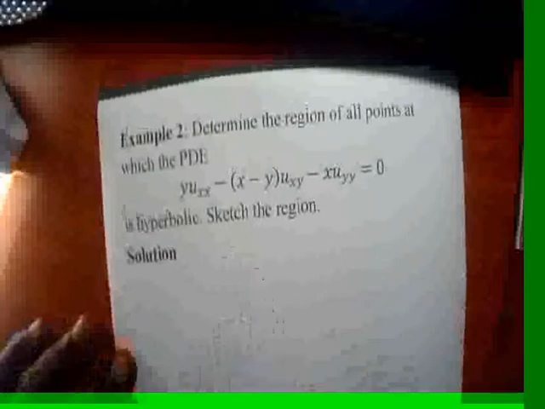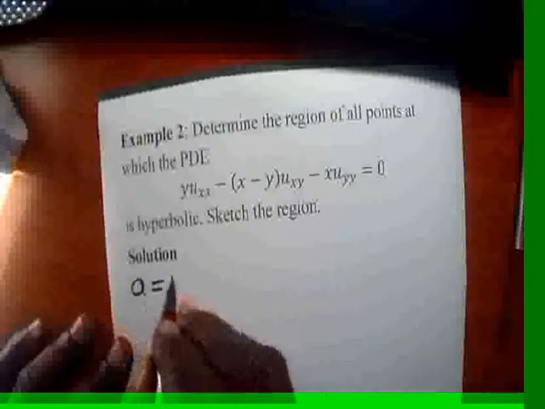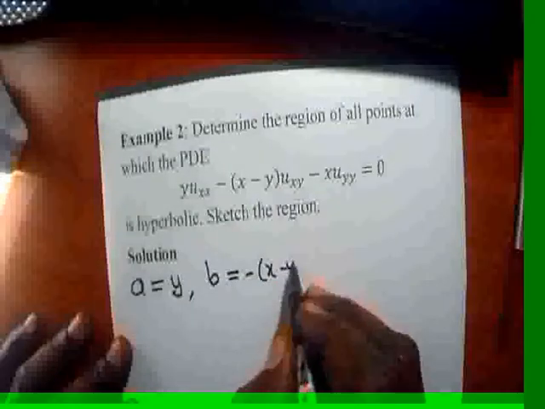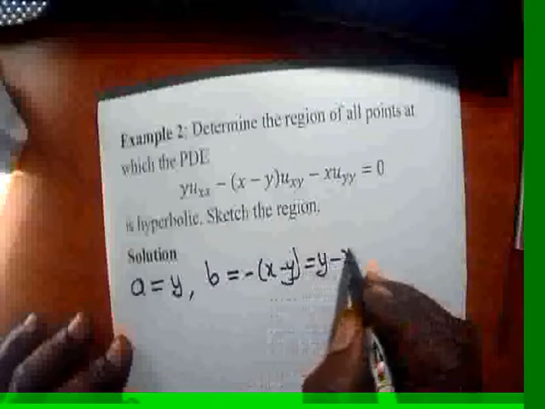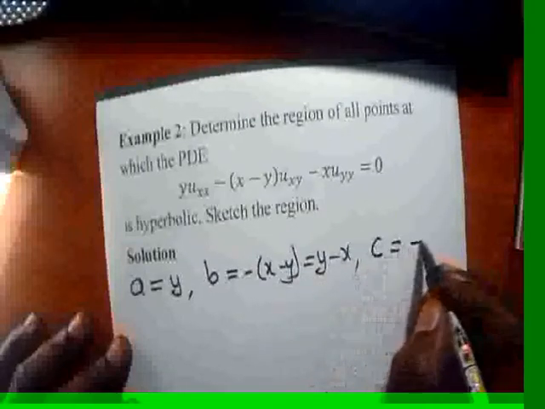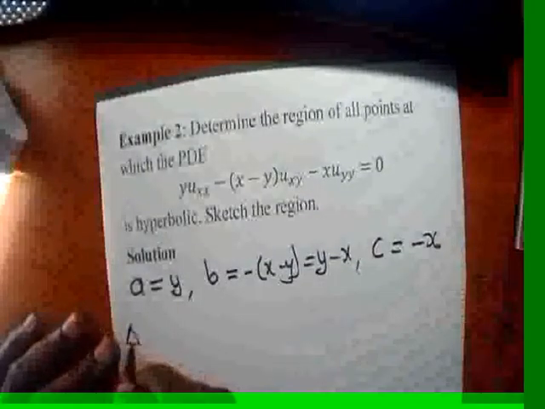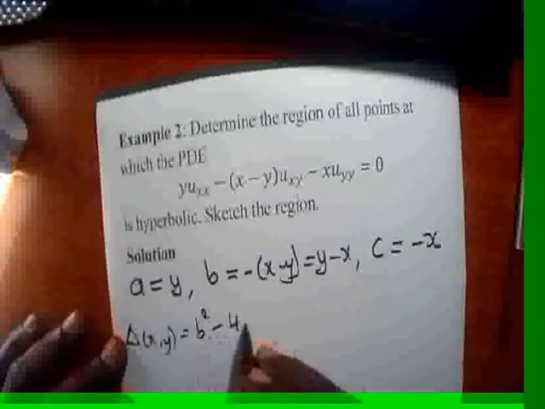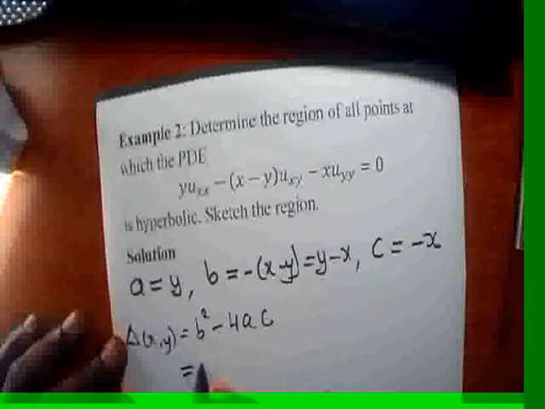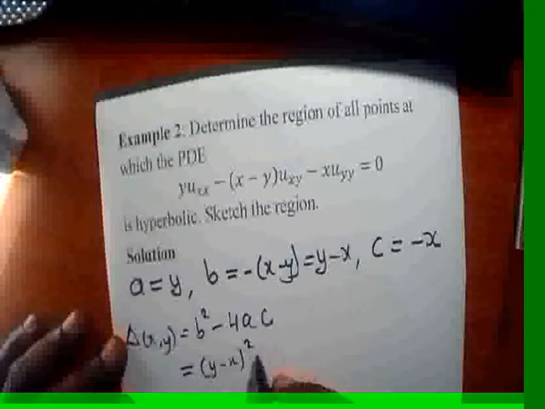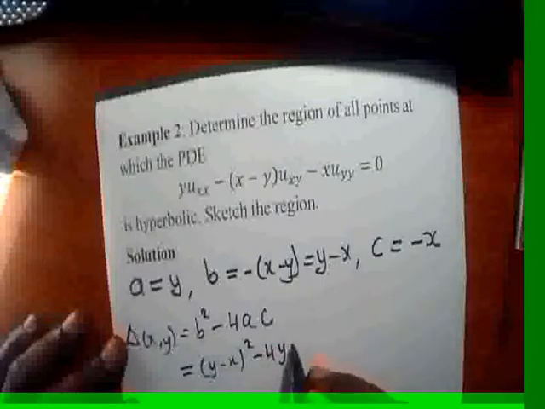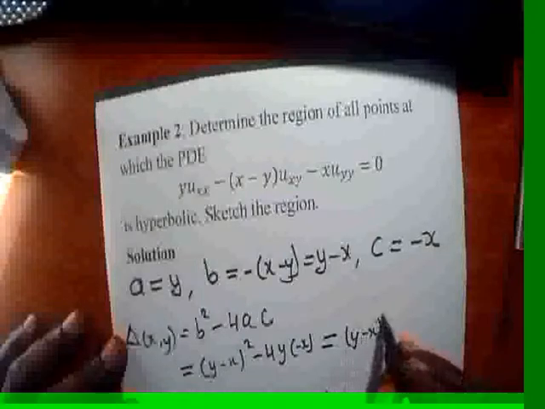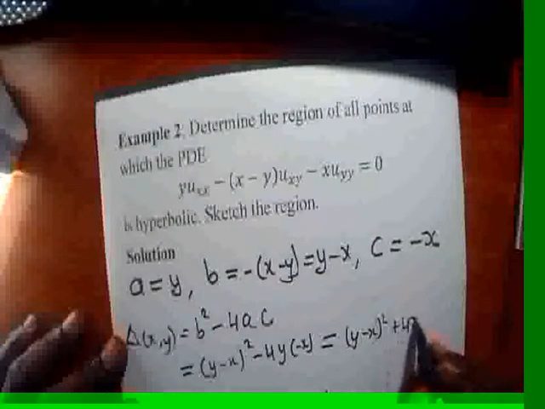So from here, what is our A? Our A is y, B is negative x minus y, and I can write it as y minus x, and our C equals negative x. So the discriminant, which is b squared minus 4ac, is equal to y minus x all squared minus 4 times y times c, and this is going to give us y minus x all squared plus 4xy.